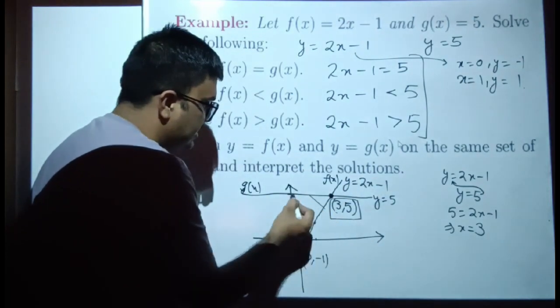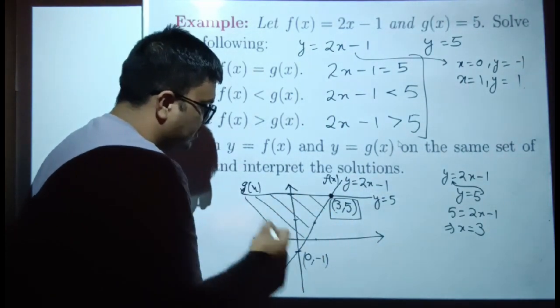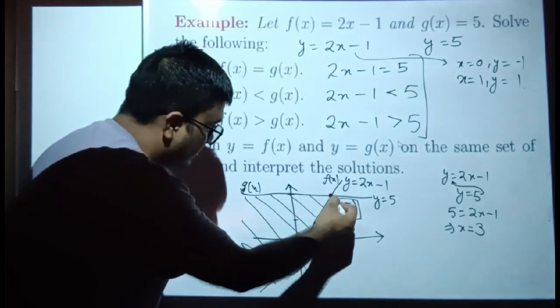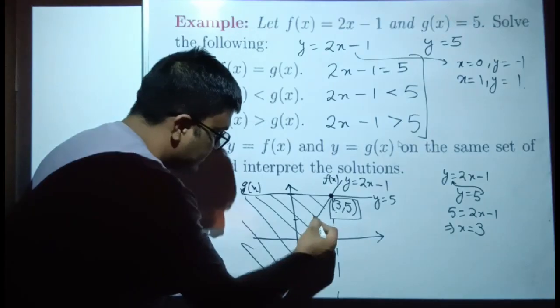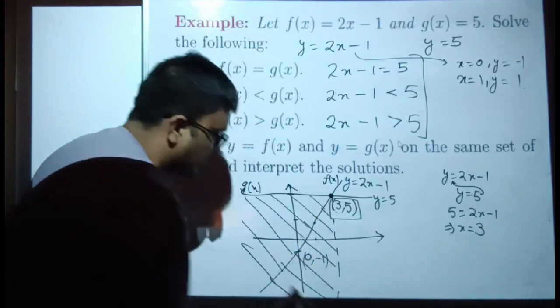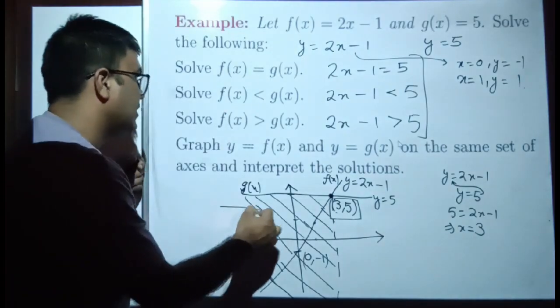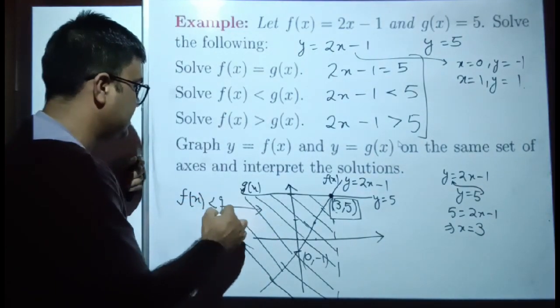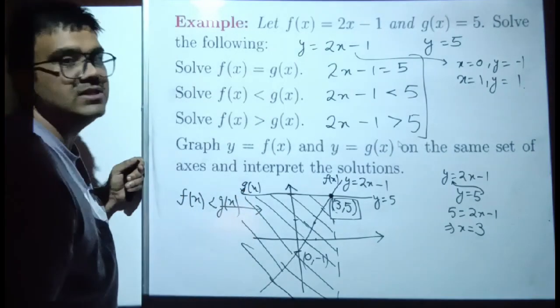So this complete portion, up to this point, is the region where f(x) is less than g(x).